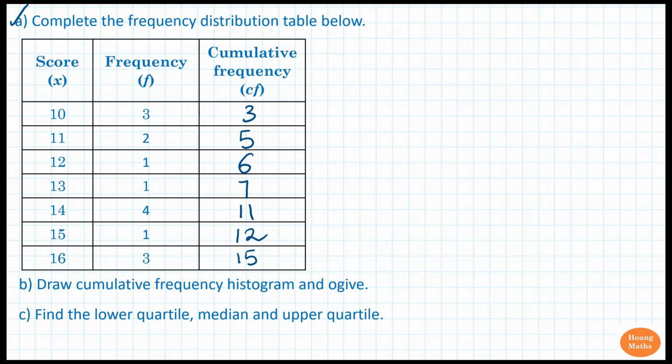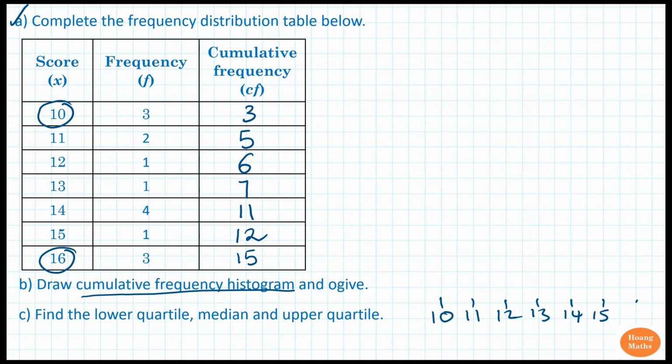Now to do Part B. To draw the cumulative frequency histogram, the smallest score is 10 and the largest score is 16. So I just write down the score first, so I know where to draw the line. Let's start from here: 10, 11, 12, 13, 14, 15, 16.